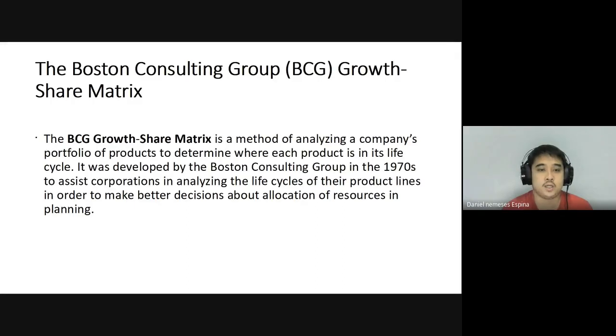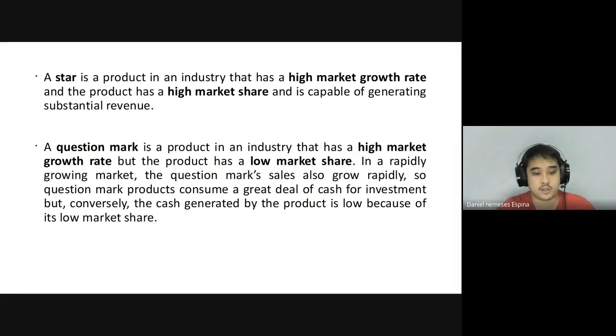The BCG was developed by the Boston Consulting Group in the 1970s. It assists corporations in analyzing the life cycles of the product lines in order to make better decisions about allocation of resources in planning. There are four symbols in the BCG growth share matrix.